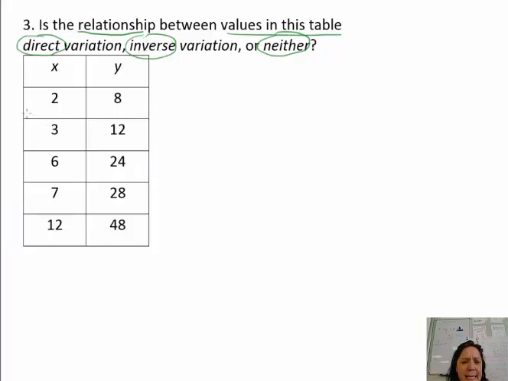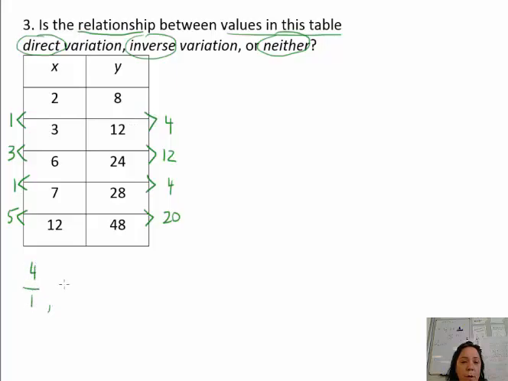So I've cleaned up my table so I can look at my first differences. Here I have a difference of 1. Here I have a difference of 3. Here my differences are 1. And here my differences are 5. On this side I have a difference of 4, a difference of 12, a difference of 4, and a difference of 20. And if I look at the ratio of first differences, it's always going to be 4 over 1.